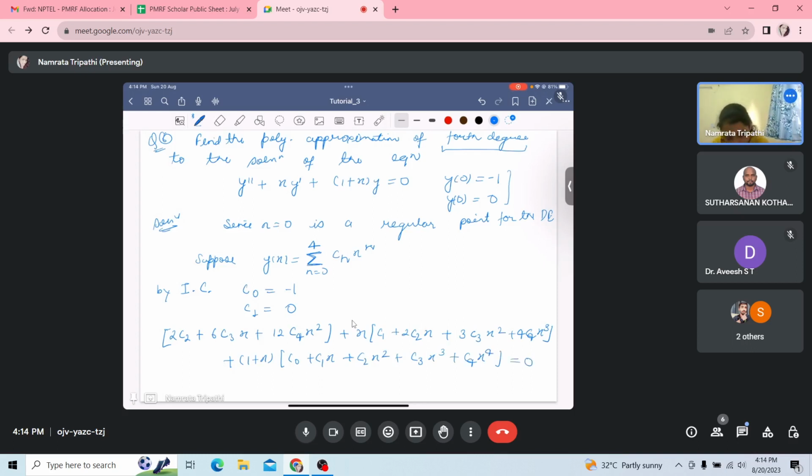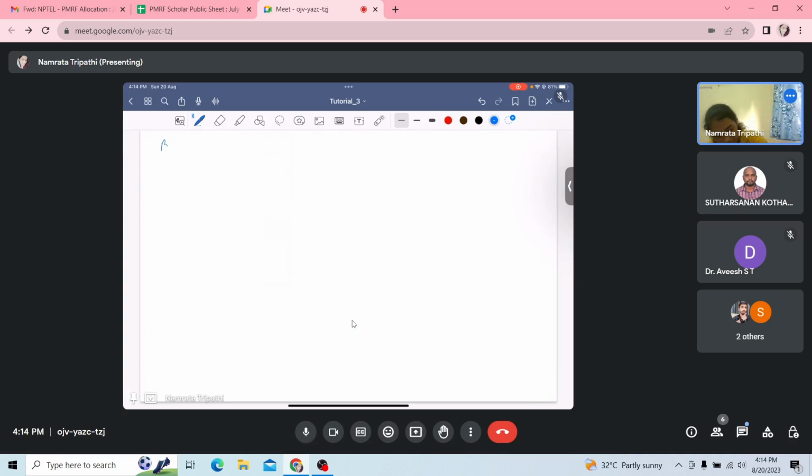Now please equate the coefficient of x to the power n and find the values of the coefficients. We already have C0 and C1. So I'm going to equate the constant term. From here, because C0 is -1, C2 becomes 1 by 2.